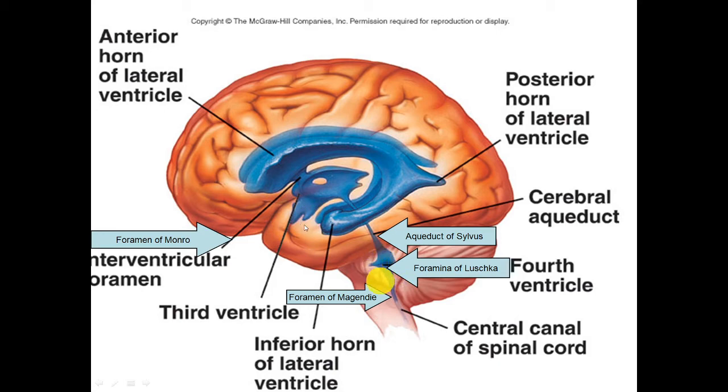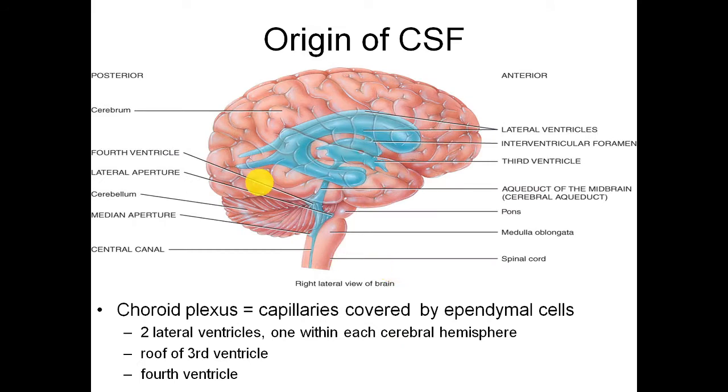And then also we've got these foramen that are coming out of the fourth ventricle, and they are called apertures. I don't really like these too much. They're very hard to see, but if you look, it says we have the lateral aperture and the median aperture. Those are these foramen coming off of our fourth ventricle. So the lateral aperture is in the front.